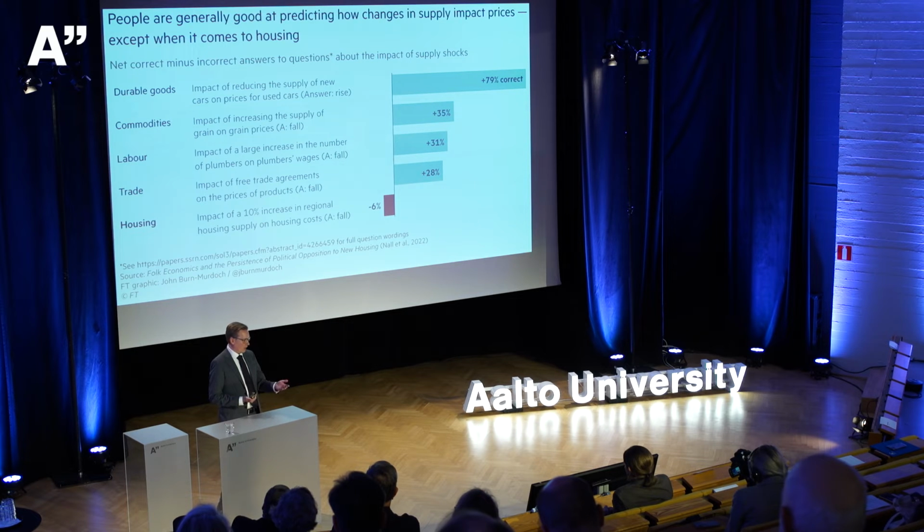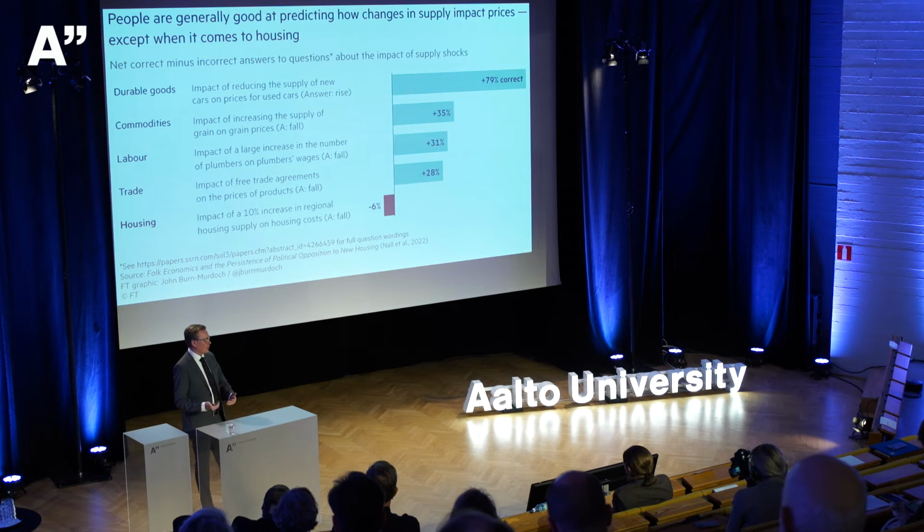The same is true for another commodity, grain. People even got more complex markets right, like labor markets. What is the impact of a large increase in the number of plumbers on plumbers' wages? The majority of people got this right. They even got right what happens to prices if we introduce a free trade agreement.